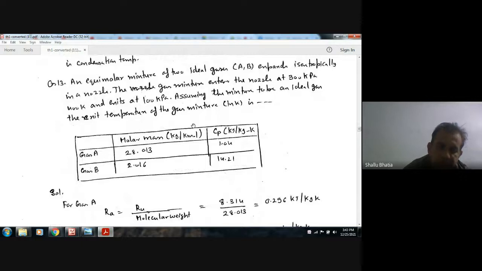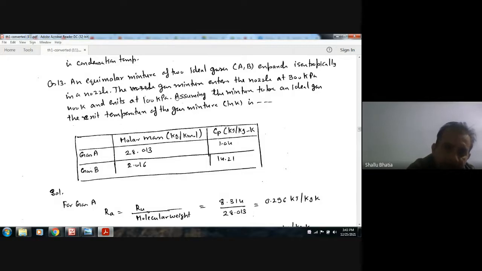Next, question number 13. An equimolar mixture of two ideal gases A, B expand isentropically in a nozzle. The gas mixture enters the nozzle at 300 kPa, 400 Kelvin, and exits at 100 kPa. Assuming the mixture to be an ideal gas, the exit temperature of the gas mixture in Kelvin is.